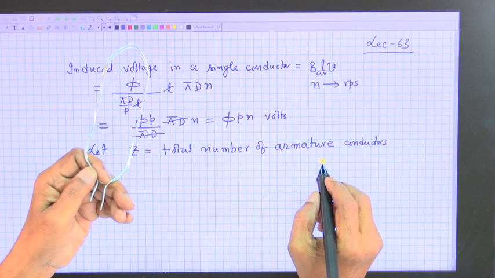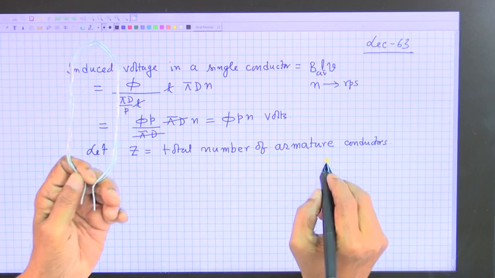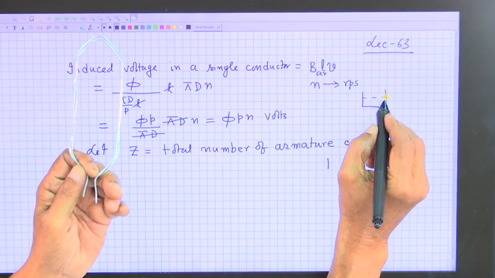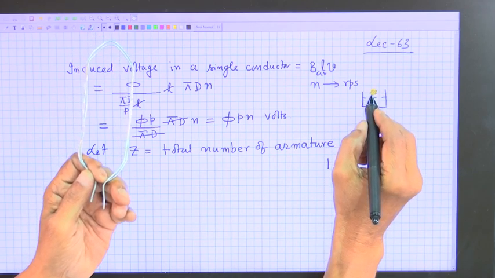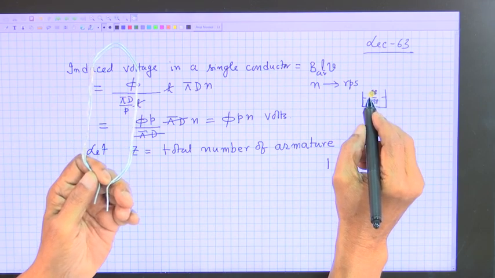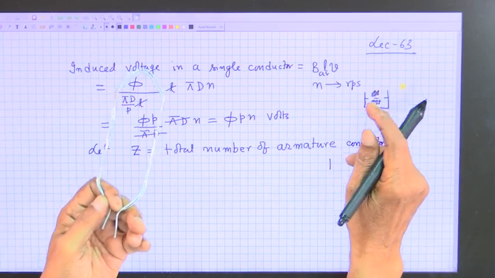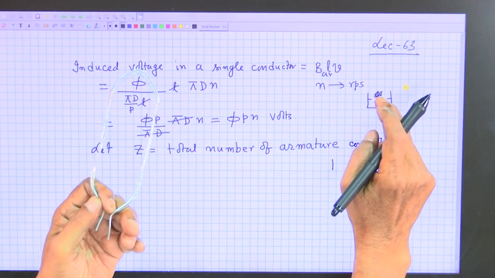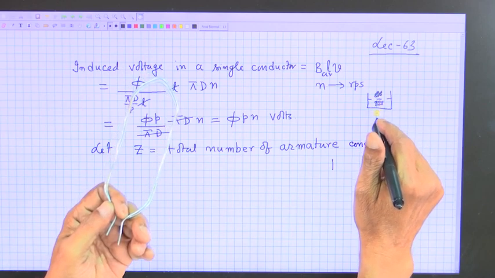So, in a slot like this, here I draw a slot, there is the upper deck, a section of a multi-turn coil, and another coil side, multi-turn coil. Got the point? Therefore, if it is suppose having 2 turns, then 2 sections you will see, 2 conductors. For this also 2 conductors.